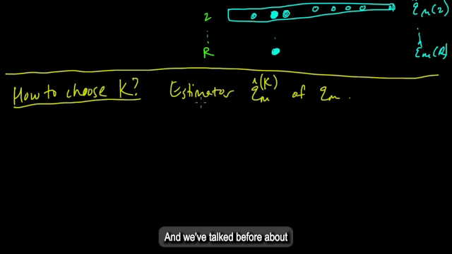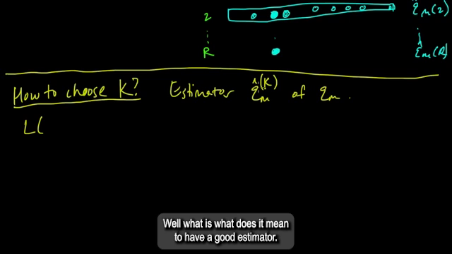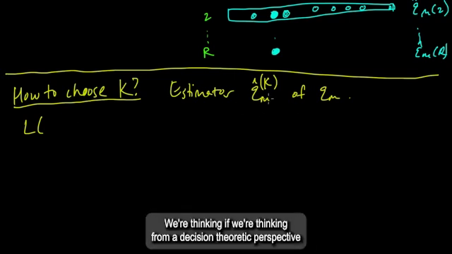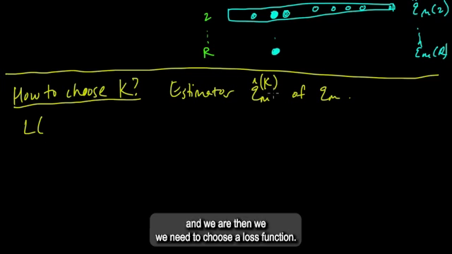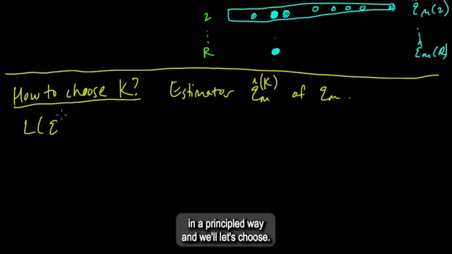And we've talked before about how to choose a good estimator. What does it mean to have a good estimator? Well, we need some loss function, right? If we're thinking from a decision theoretic perspective, and we are, then we need to choose a loss function if we're going to evaluate these in a principled way.